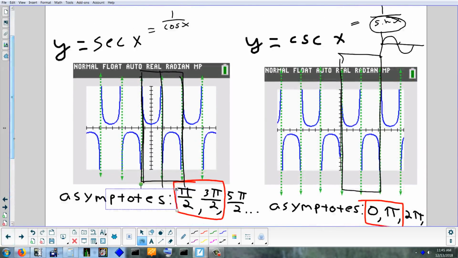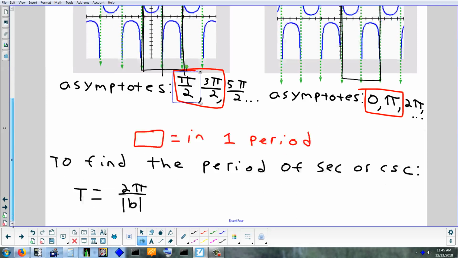Okay, again, I'm not as interested in you being able to sketch these all by hand. What I really want you to be able to do is figure out the asymptotes. Okay? If you stretch or compress it, where are the new asymptotes? All right. So I think B is always going to be positive, so we're not going to have to worry about that. But if they ask for the period of secant or cosecant, it's the same formula you used yesterday.